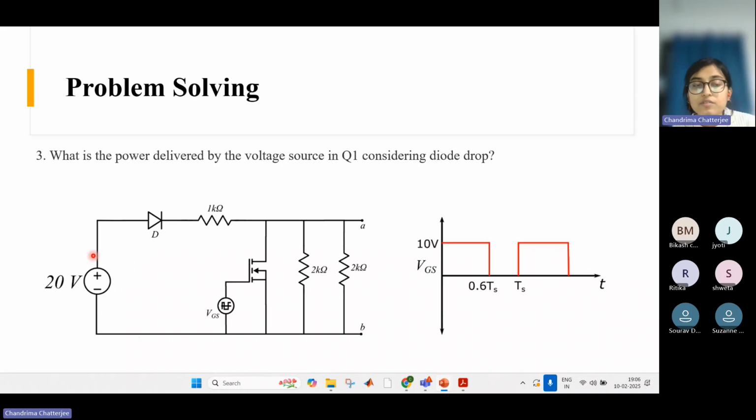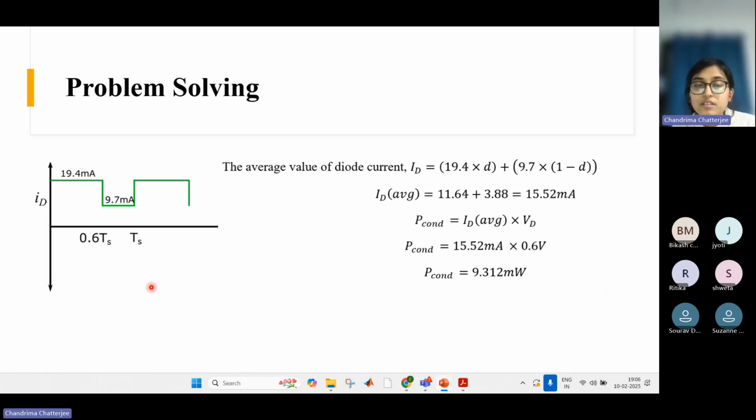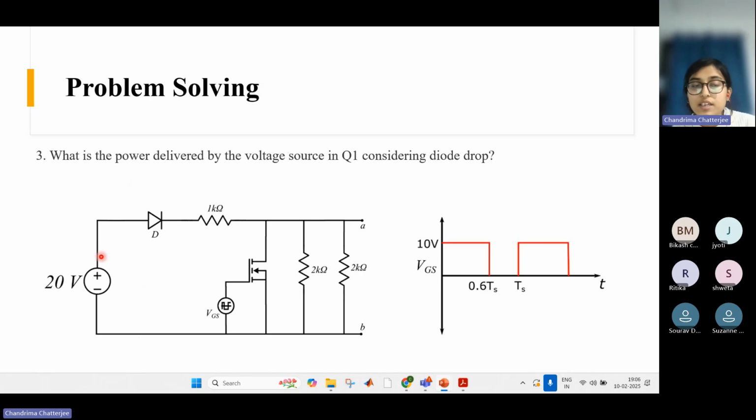Simply, the power delivered by a voltage source is the voltage multiplied by the average current coming out of this voltage source, right? The diode is basically in series with this source, so whatever current is coming out from this source flows through the diode.